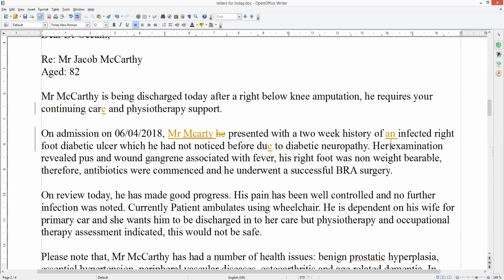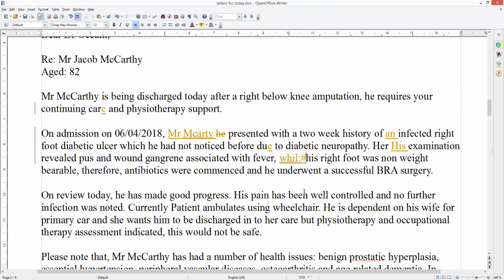His examination, oh dear, his examination revealed pus and wound gangrene associated with fever, while, or and, join those two clauses, his right foot was non-weight bearable. Therefore, antibiotics were commenced and something like surgery. Okay, that's not too bad, apart from the incorrect pronoun.